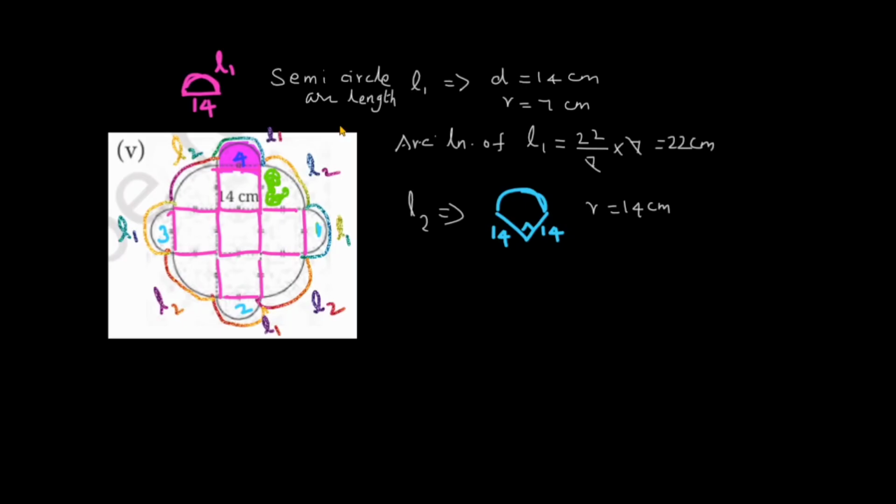These are the quadrants. Quarter portion of a circle is a quadrant. We can take our angle 90 and you can use the sector's formula to find. 90 by 360 into 2 pi r. This is also a quadrant. So how many quadrants are there? 4 quadrants are there.